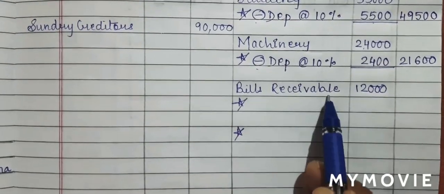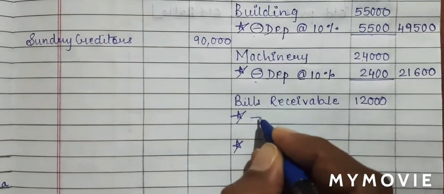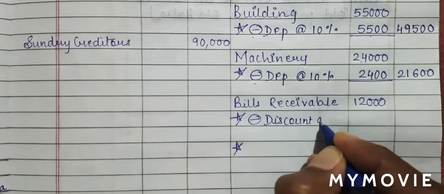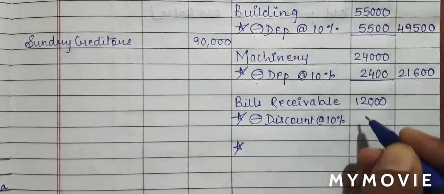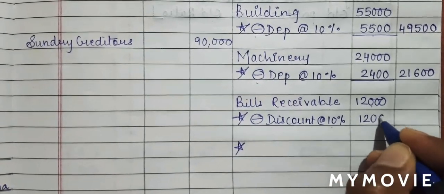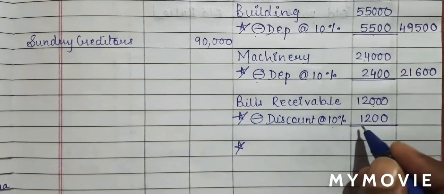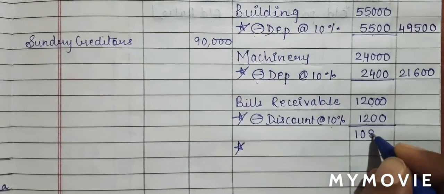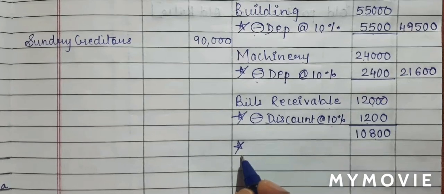So in our bills receivable, we will first calculate the discount. So there's a discount at the rate of 10%. So 12,000, 10% will be 1,200. So from 12,000, I'll minus 1,200. I'll get a value of 10,800, which I'll still write in the inner column because there is another star.